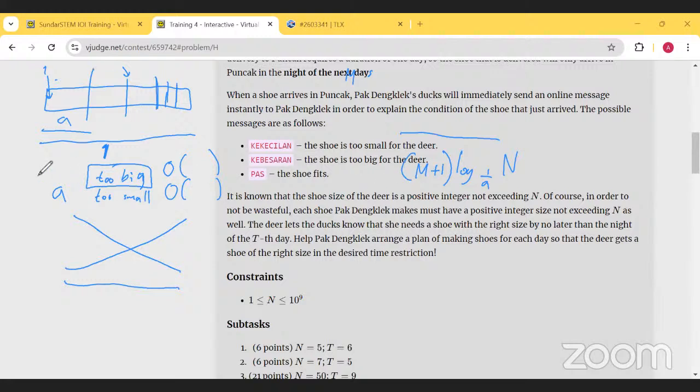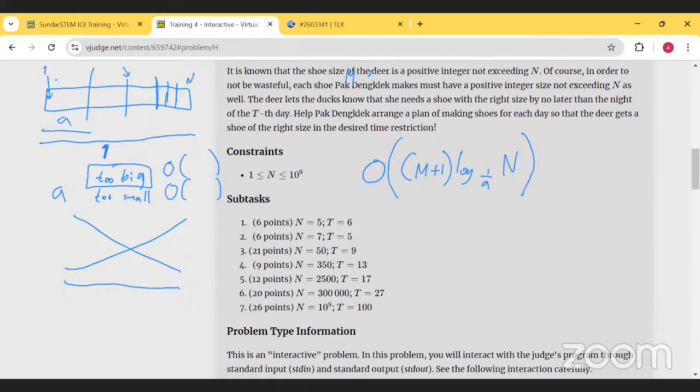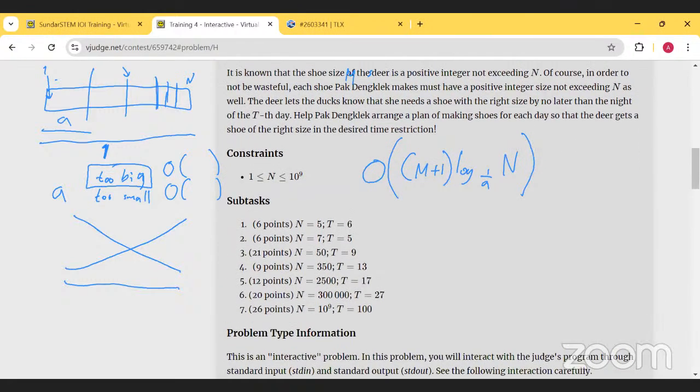How to find the constant? We can compute the complexity first. If the answer is 1, then the complexity is like this. But if the answer is n, then there is no redundant query.